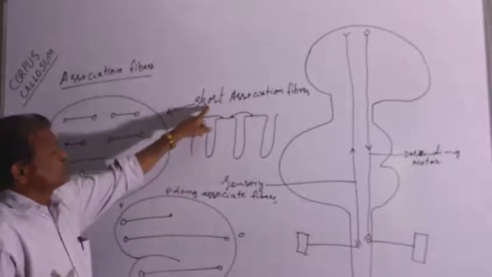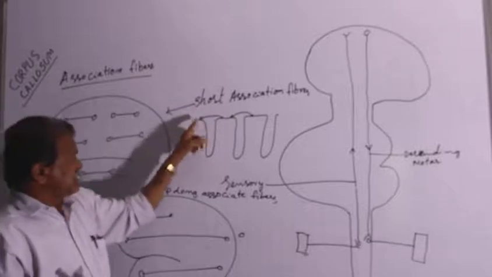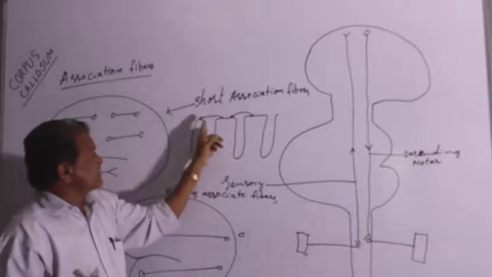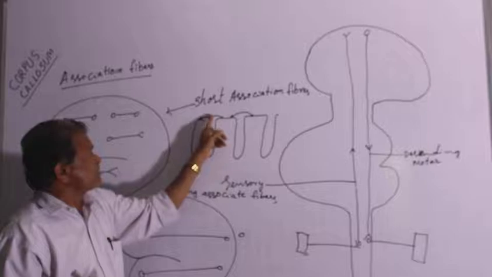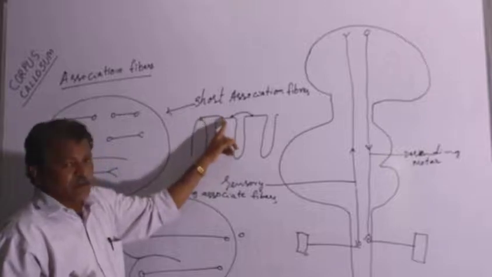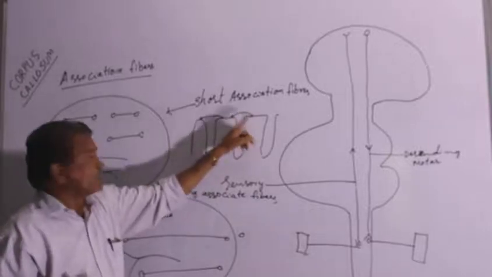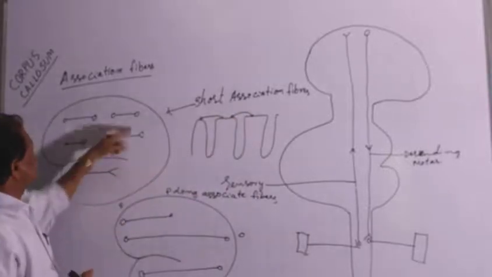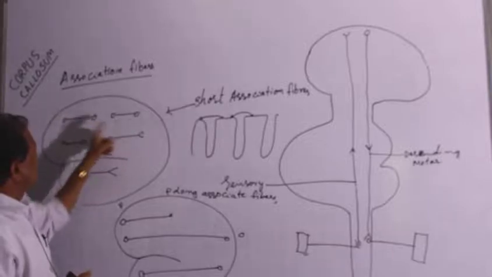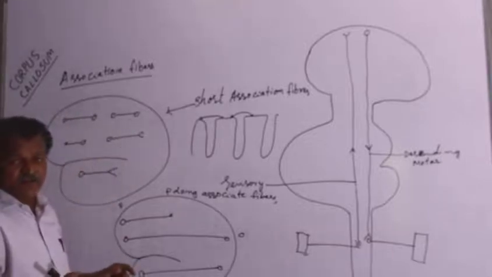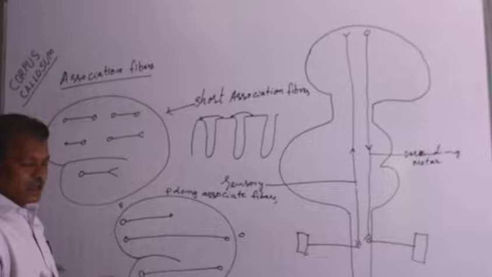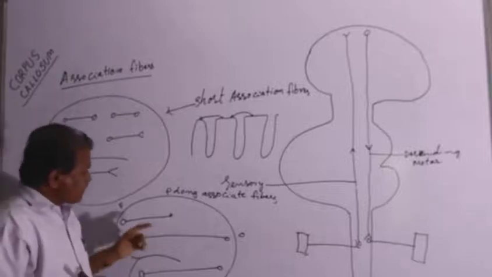The short association fibers connect adjacent gyri. The neuron starts here and connects to the neighboring gyrus. These short fibers connect adjacent parts of the cerebral hemisphere in the same lobe.